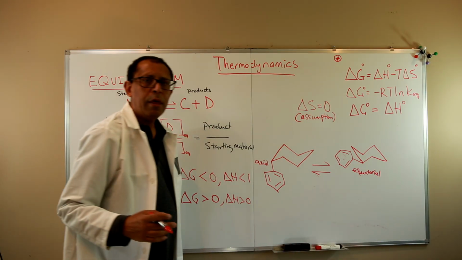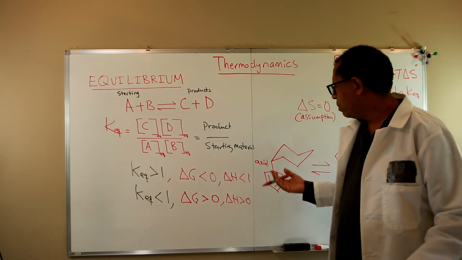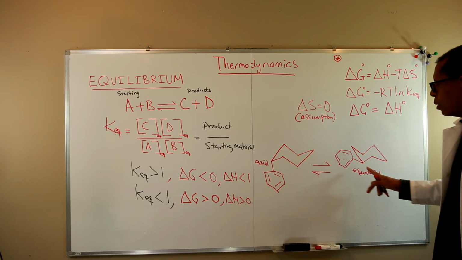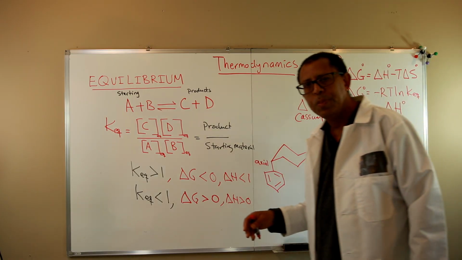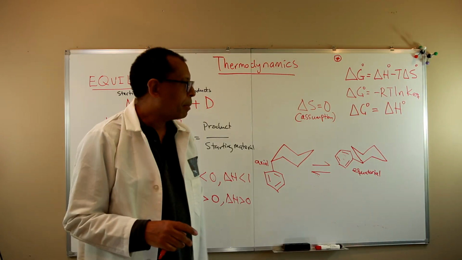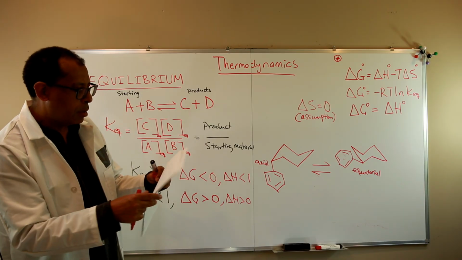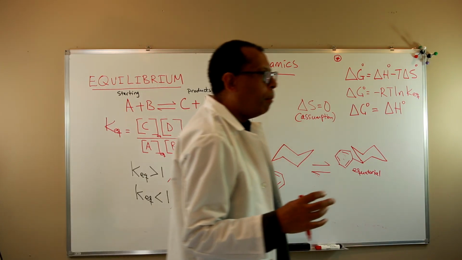So if I just generally ask you, what would be the equilibrium constant for going from here to here? Would the equilibrium constant be less than 0, less than 1, or greater than 1? This is a trick question, but not a very tricky one.